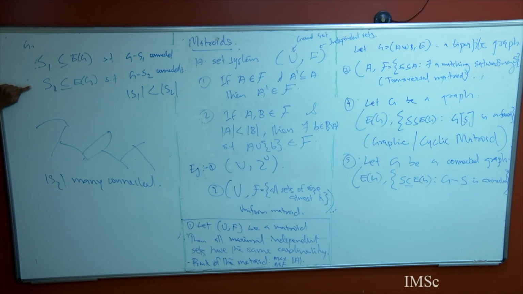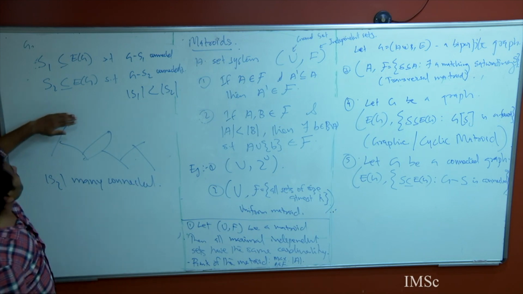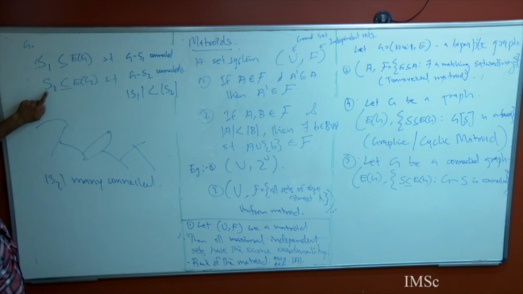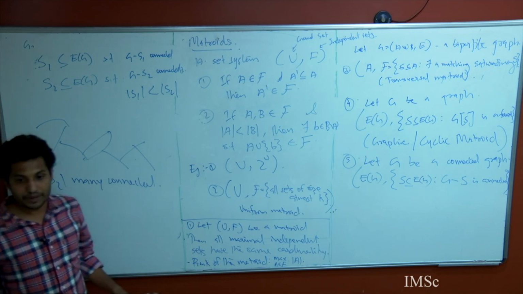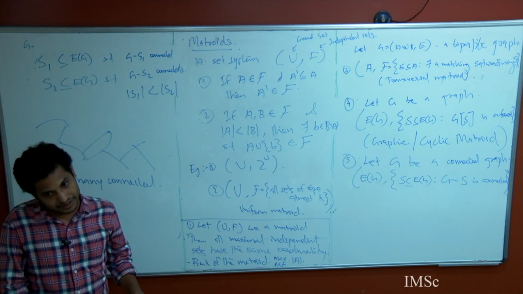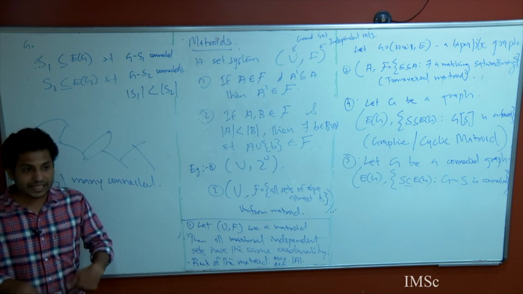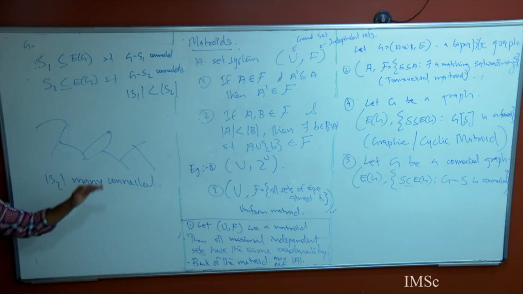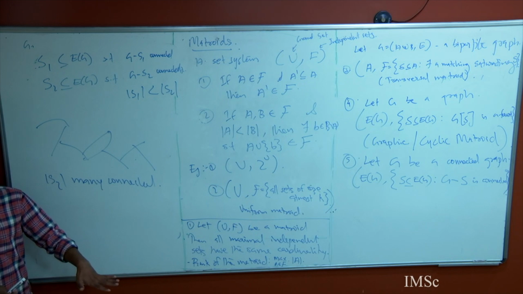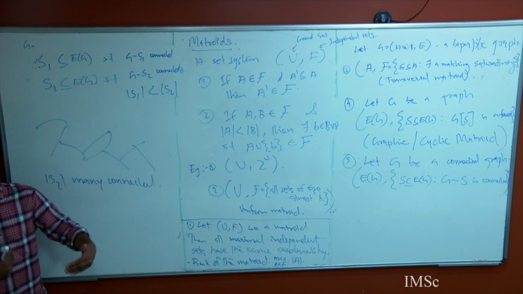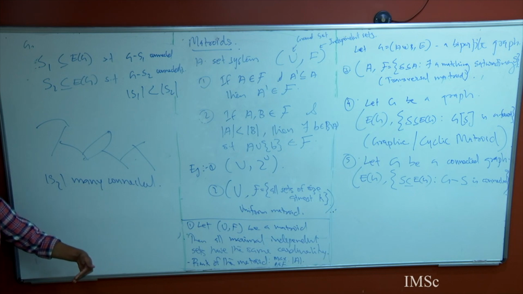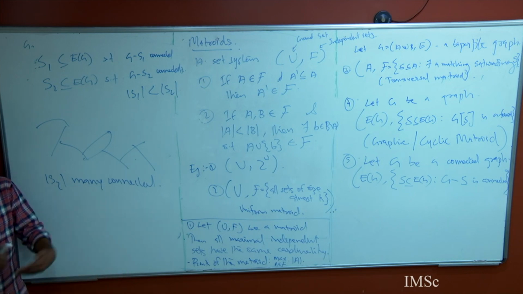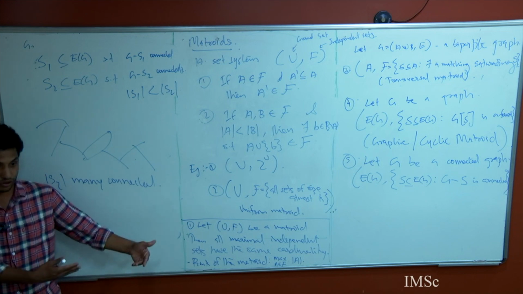Why do you have mod S2 many connected components? Because G minus S1 is minimally connected, right? So, suppose I have an edge in S2 which is not a cut edge in G minus S1, I'm happy, right? Okay, so all the edges in S2 are cut edges in G minus S1, right? Keep deleting. Each time you delete, you increase the connected components. So how many times do you delete? Mod S2, and you get mod S2 many connected components. So what is this graph? This graph is G minus S1 minus S2.